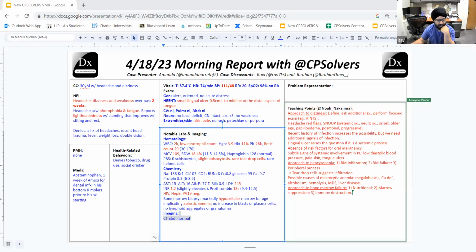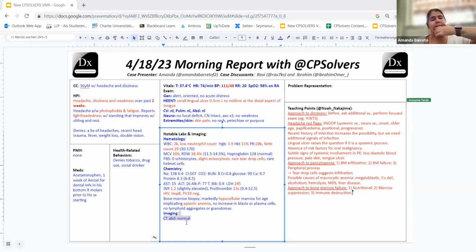You also want to emphasize HIV and hepatitis in thinking about aplastic anemia. But the amoxicillin definitely is very interesting. I don't know how to test for that, or is it simply withdrawing it and then seeing a resolution in the bone marrow findings? But I'll send it back to Amanda to see what else she found.